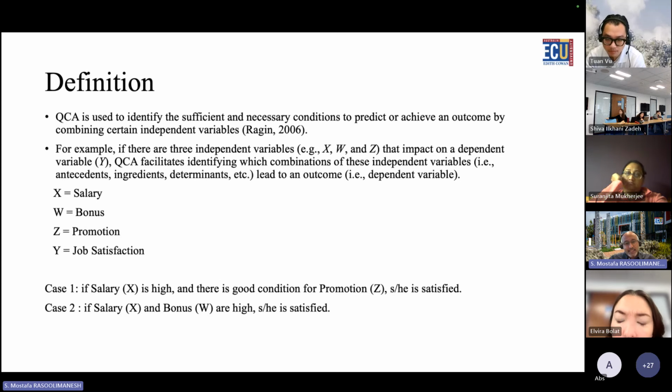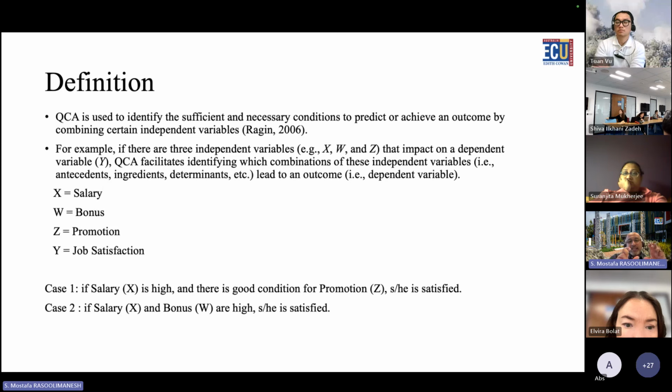But for the second case, if salary is high and bonus is high, that person will be satisfied. So it means for the first case, bonus is not important. But for the second case, bonus is important and promotion is not important. So we can see the difference between these two cases.